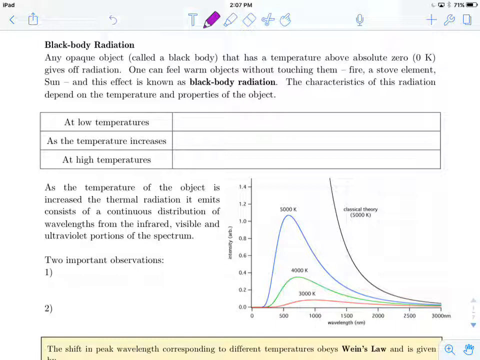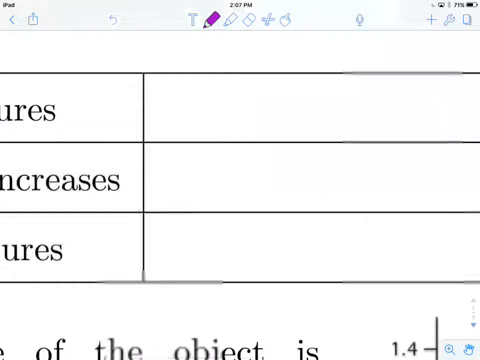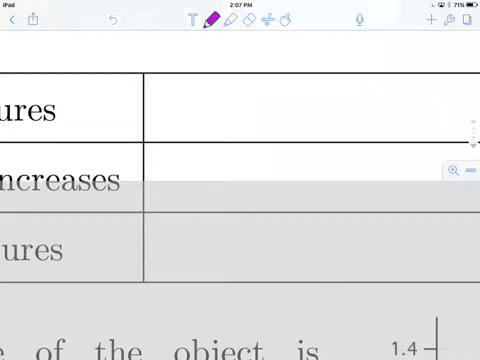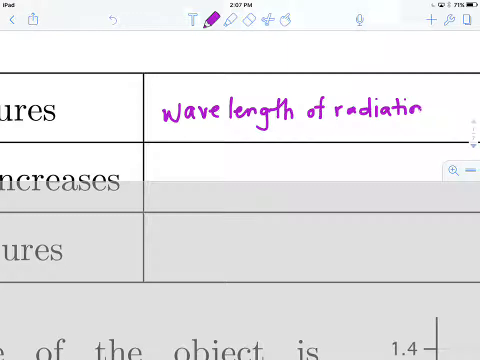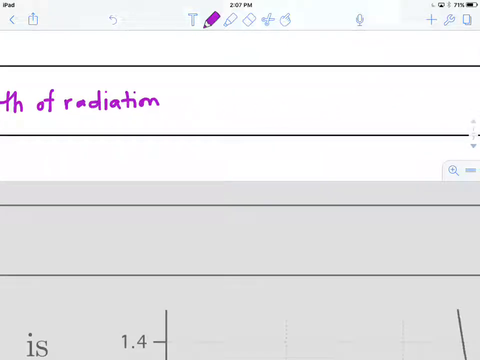So we know that at low temperatures, the wavelength of the radiation is mainly infrared, so it's mainly thermal.